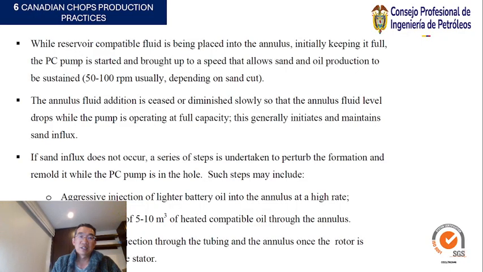The annulus fluid addition is then slowly discontinued so that the annulus fluid level drops, where the pump is operating at full capacity. This generally initiates and maintains sand influx.